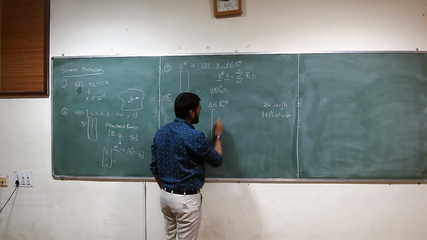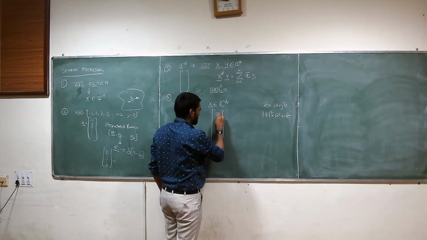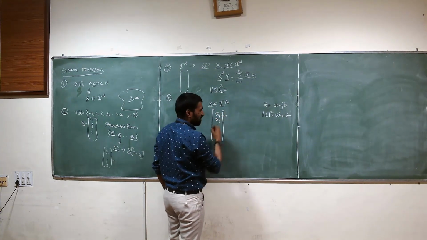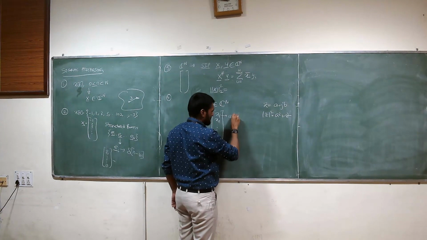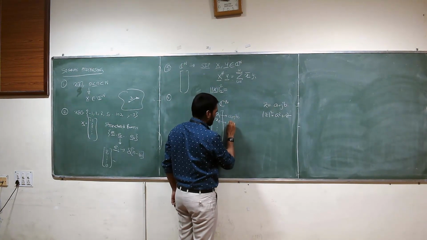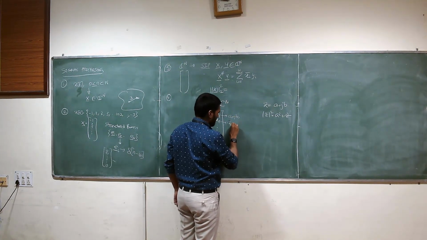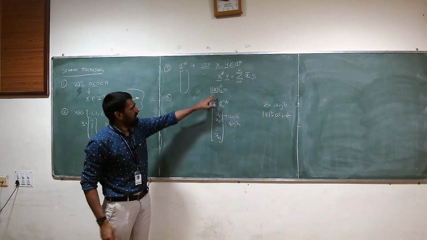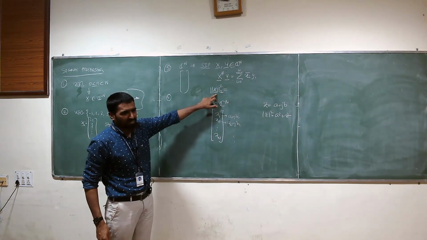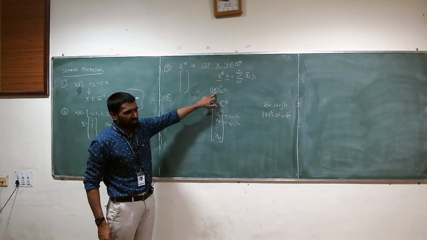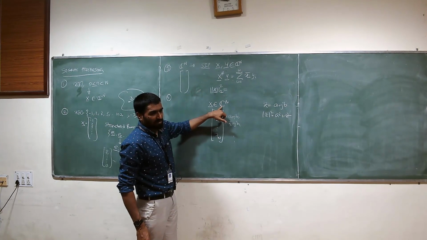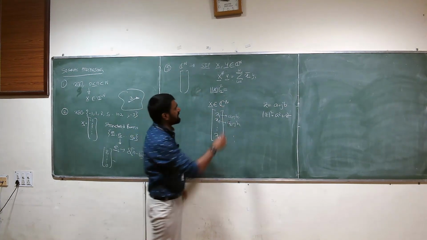That means each element is a complex number. This could be a1 plus jb1, this could be another complex number, a2 plus jb2, and so on. What is the 2 norm of the vector x, if it's from C^N? It cannot be n, no?